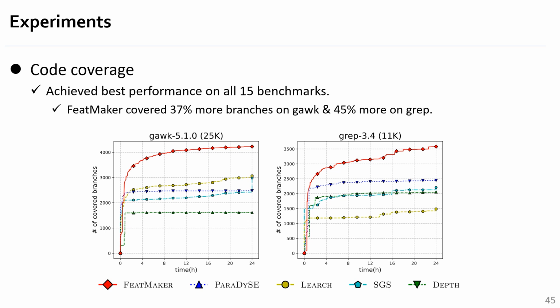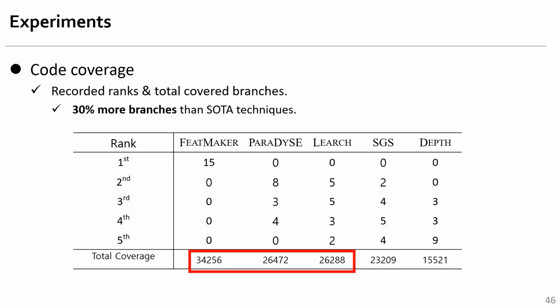For more detail, I provided the recorded ranks and total coverage of each baseline. For total coverage of all 15 benchmarks, FeatMaker covers 30% more than state-of-the-art strategies like Paradise and Lurch.